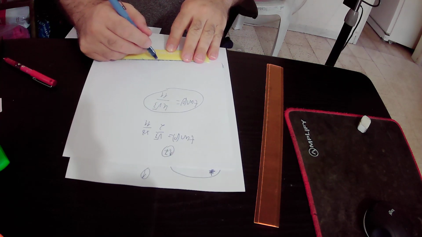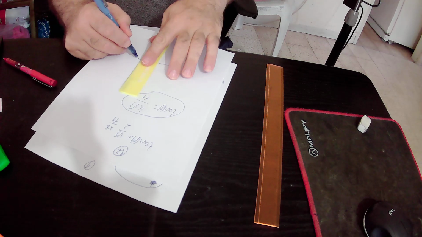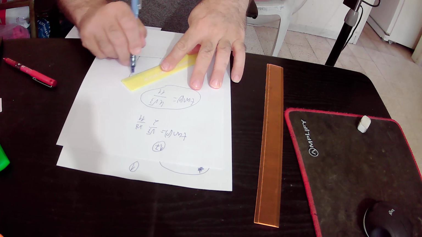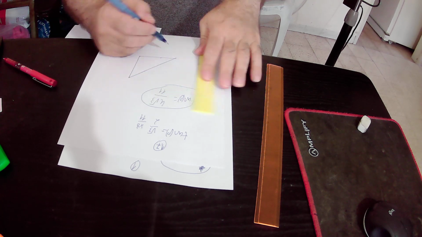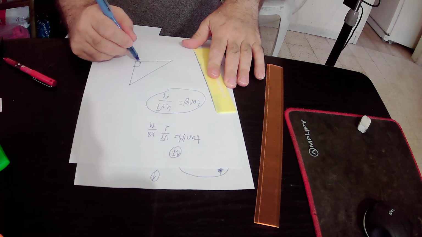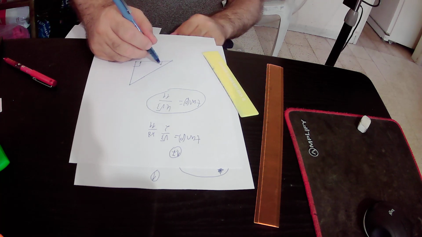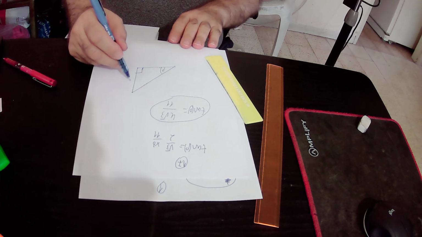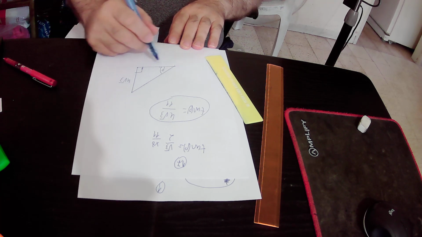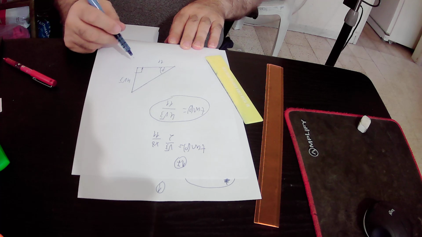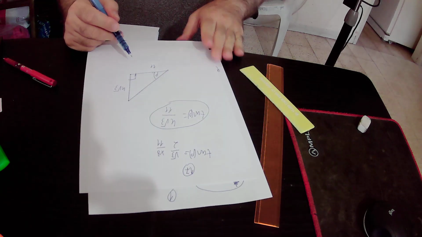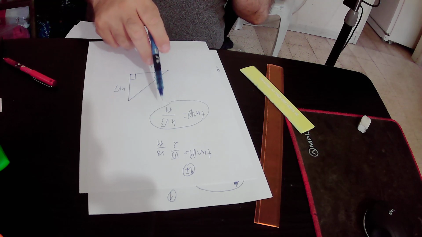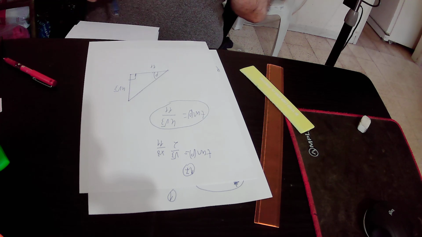Therefore, if we have a right triangle, and we know that this angle is angle P, if this side is 4 times root 3 and this side is 11, then this triangle expresses that the value of tangent P equals 4 times root 3 over 11.